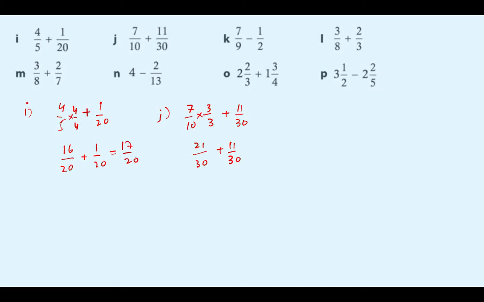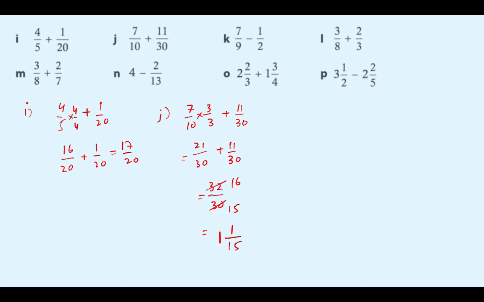So 21 plus 11 is 32 over 30. We can simplify them by the times table of 2: 2 times 15 and 2 times 16. So this can be simplified as 15 ones are 15 and 1 is the remainder. So this makes 1 whole 1 over 15.